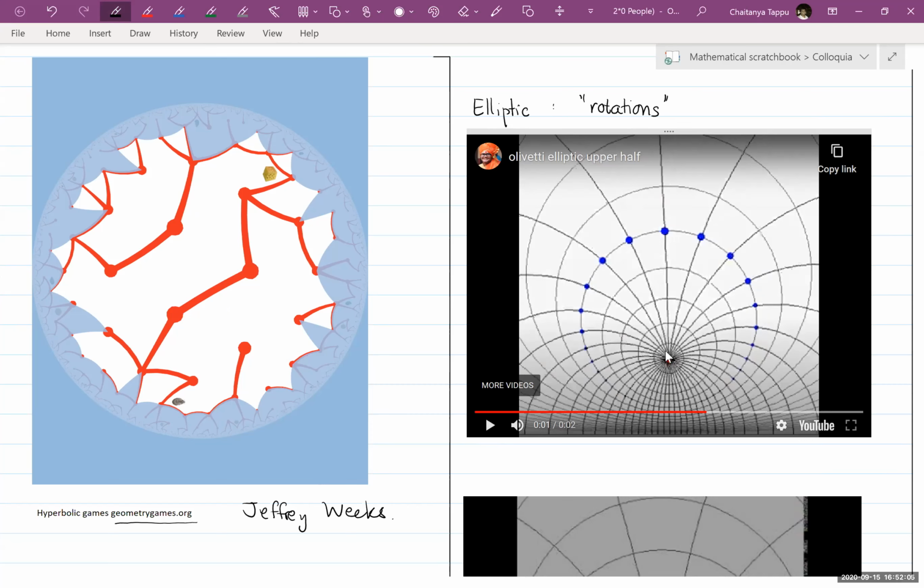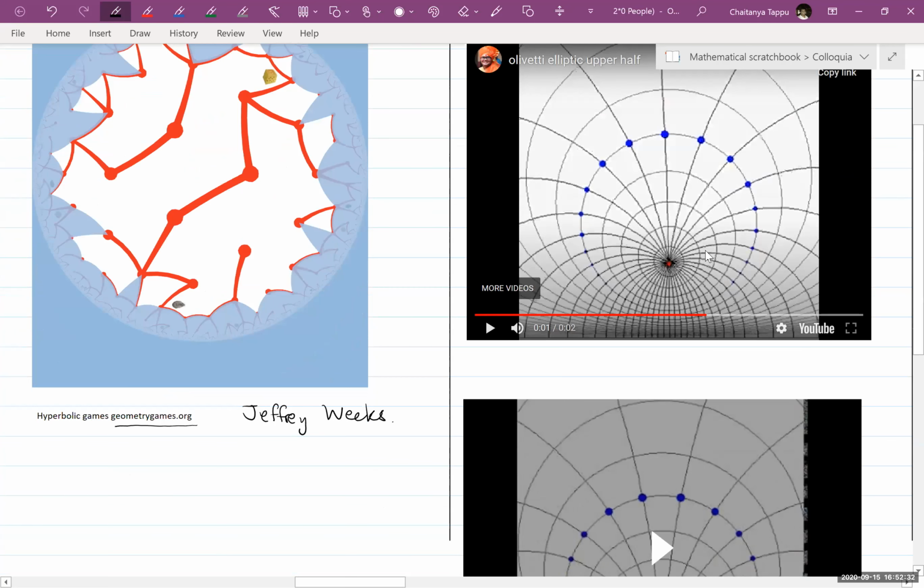They are centered at this red dot. And as you can see, they look like circles to you, but whatever looks like their center to you might not be the actual hyperbolic center. This is in the upper half plane model. Okay, so these are like rotations.